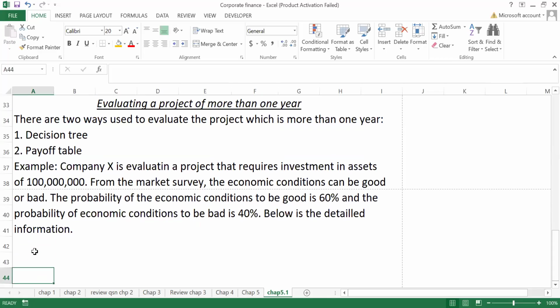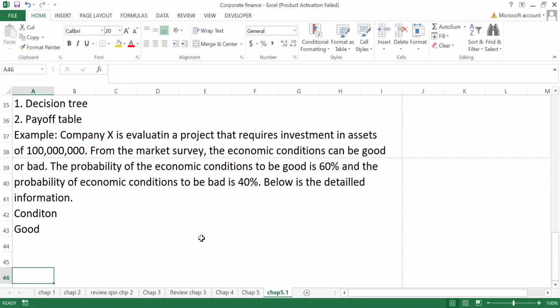Okay, sir. So these are the economic conditions. You said the economic condition can be good, or it can be bad.